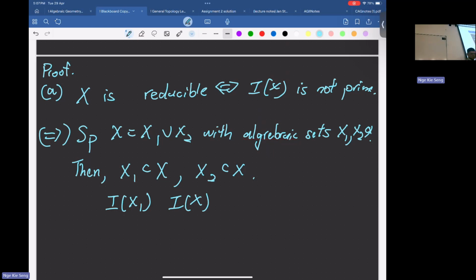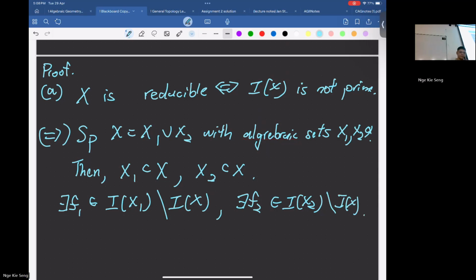So if you take out all the I(X) from I(X1), you should be able to find some polynomial f1 there. Similarly, there's this f2 in I(X2), taking away I(X). But now if you look at f1 f2, what does f1 f2 do?